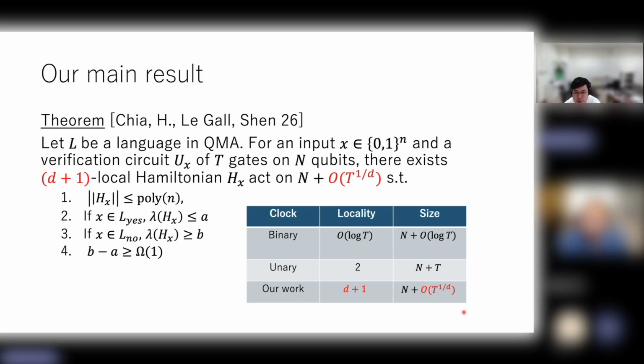Yeah, that's a very good question. Ideally we want to reduce a circuit into, say, a 2-local Hamiltonian whose size overhead is low.